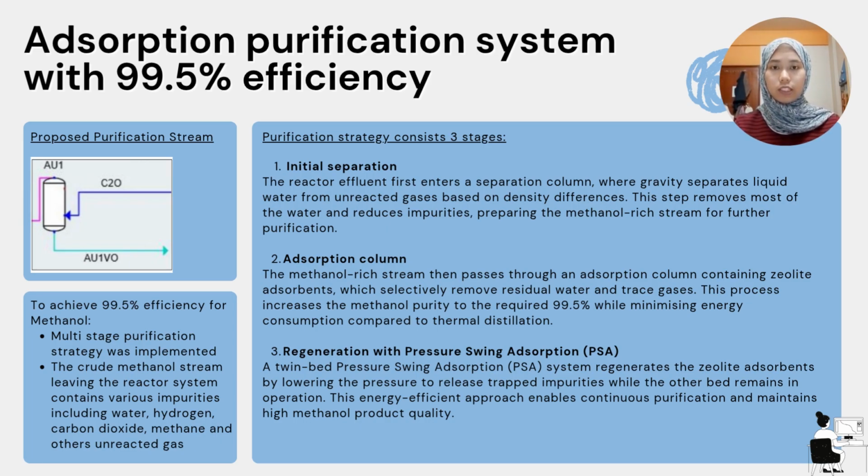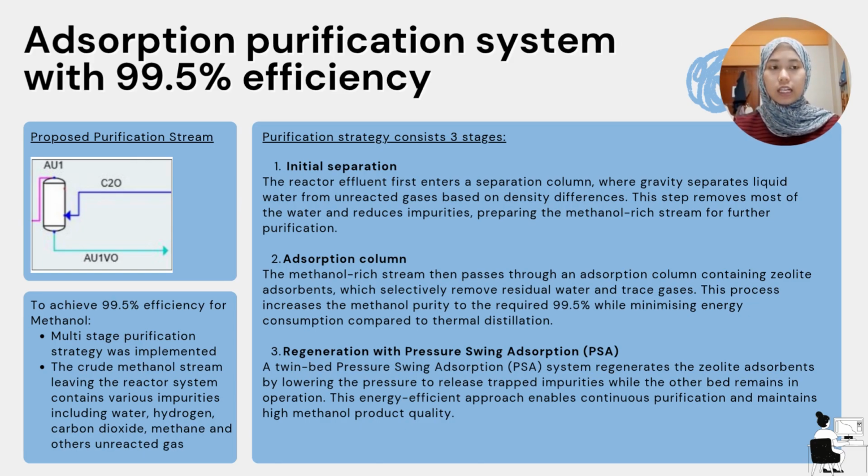The third box is the purification strategy, consisting of 3 stages. The first stage is the separation column, where the reactor effluent first enters and gravity separates liquid water from unreacted gases based on density differences. This step removes most of the water and reduces impurities, preparing the methanol-rich stream for further purification.